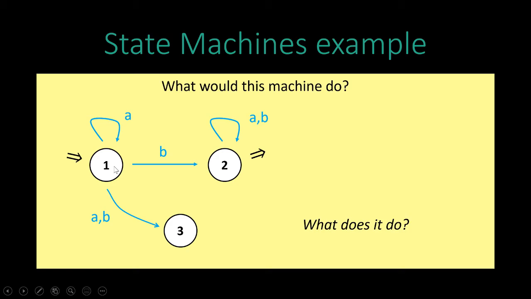So we are starting in state 1. If we read a letter A, then we can either stay in the same state or we can go to state number 3. And so you would know that this is a non-deterministic state machine because there is uncertainty where to go.